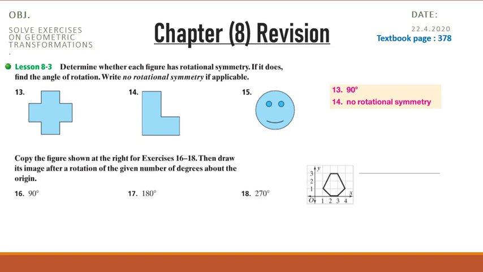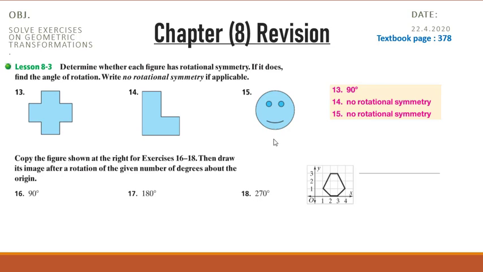Okay, guys. Ahmed, I think you didn't know the answer. Anyone knows the answer? Anyone else? No rotational symmetry? Okay, guys, that's correct. There is no rotational symmetry here. Guys, here I can find an axis of symmetry.